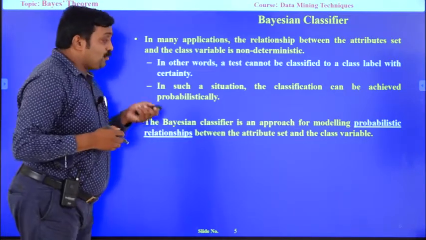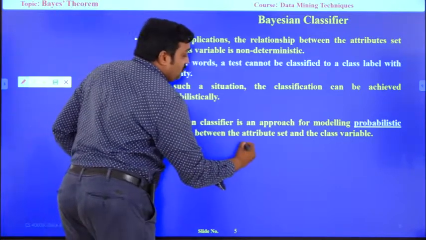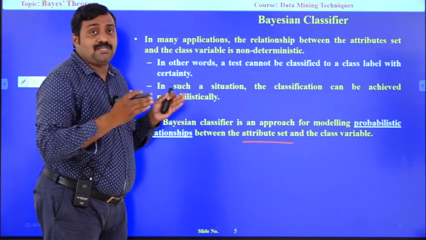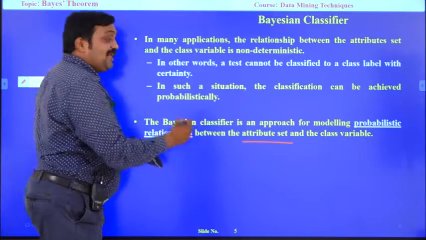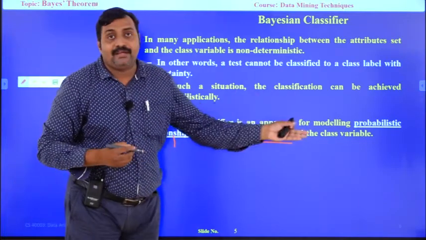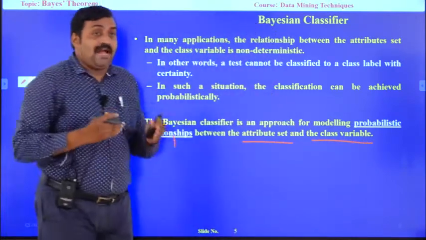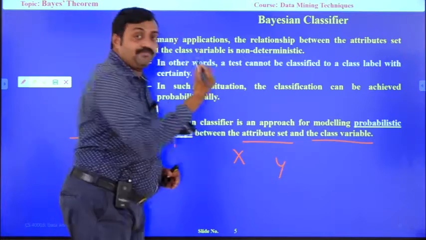So in a given data, we take the attribute set, all the input attributes, and we use the relation between the attributes and the class variable based on probability. That means x is the attribute set and y is the class label.